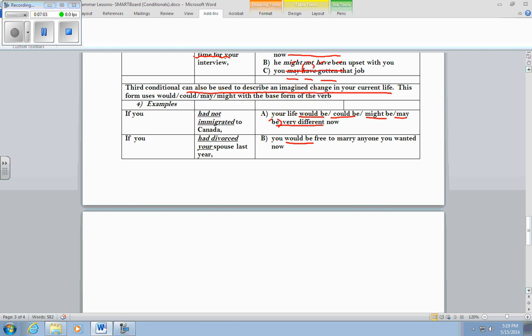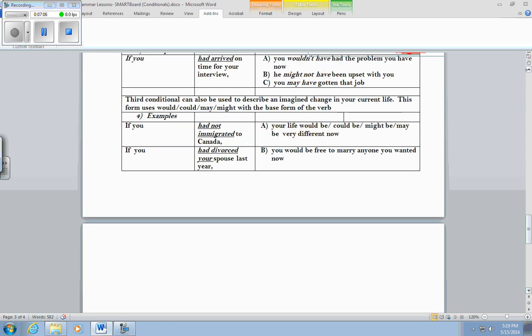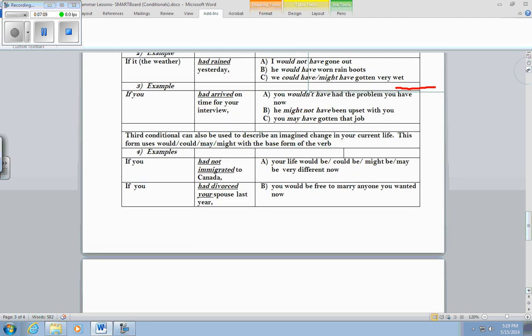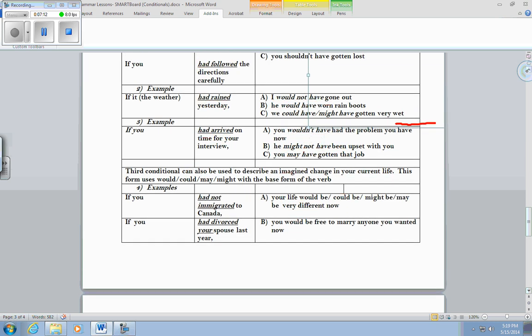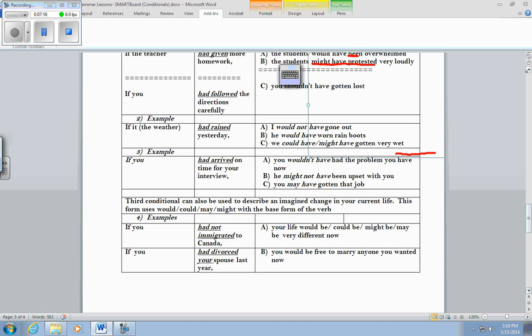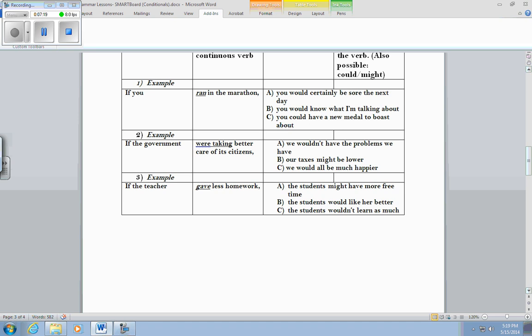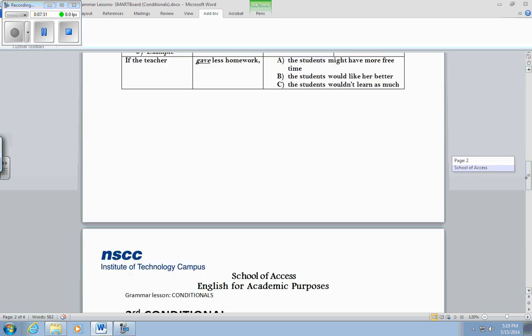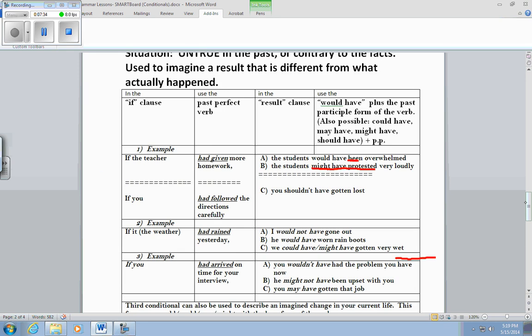So, just to review, you're looking at past perfect in the if clause and would have or should have or could have in the result clause, and the past participle of the verb or the base form of the verb. So that's the story on conditionals.